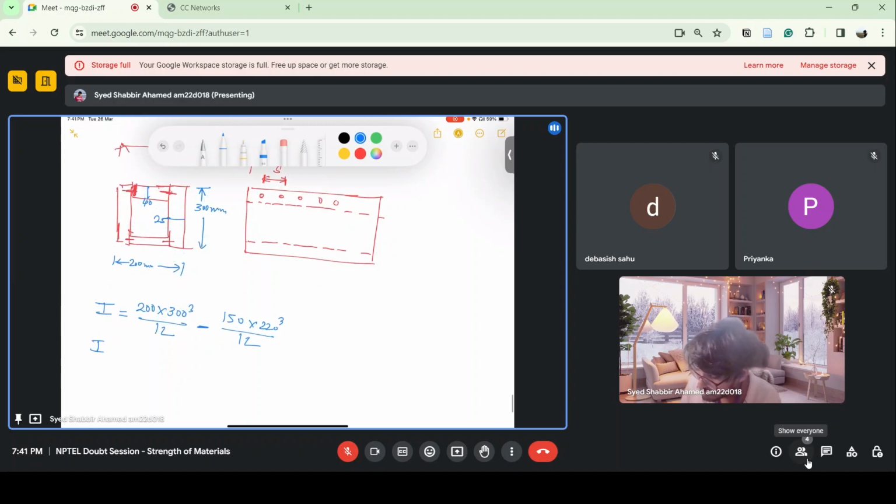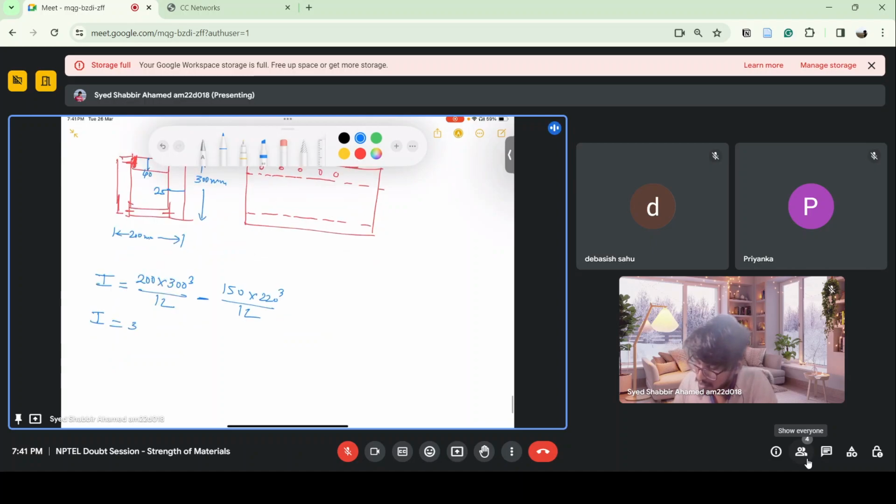So this is the moment of inertia of the whole cross section which is resisting the bending. So 316.9 into 10 to the power of 6 mm to the power 4.